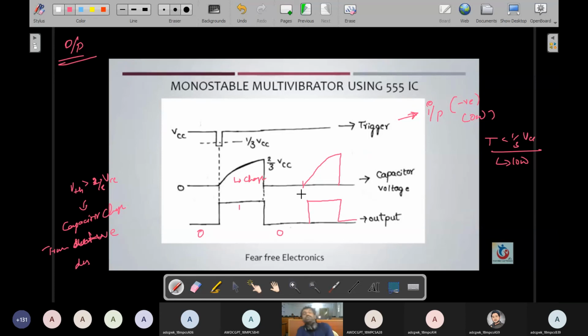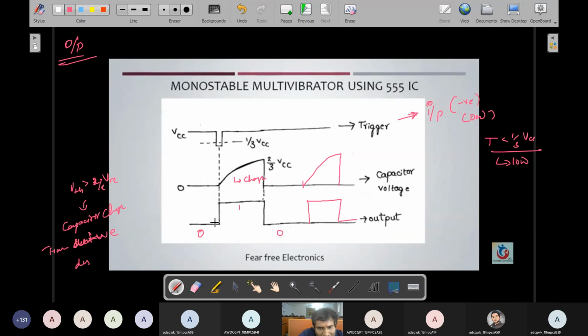So this is about the circuit diagram. Understand, everybody? This is the monostable multivibrator output configuration. Here we are using an external trigger pulse as the input. Once the trigger is given, the capacitor will be charging. While the capacitor is charging, the output voltage always shows high. Before the discharging process, the output is zero.